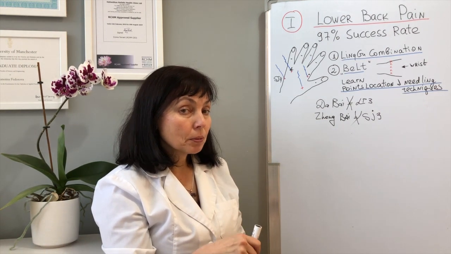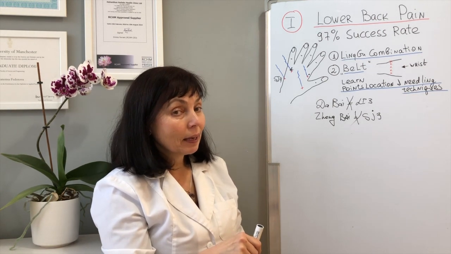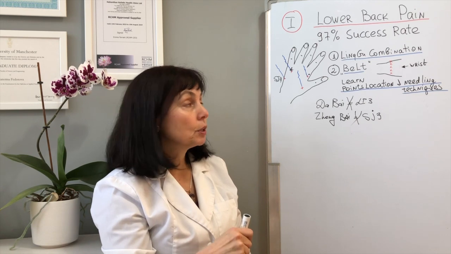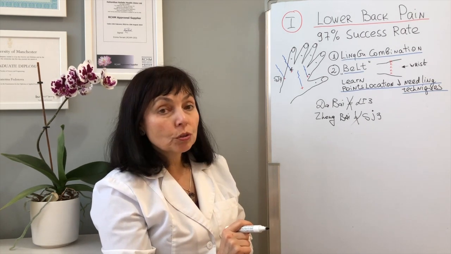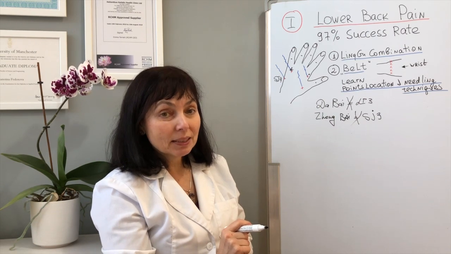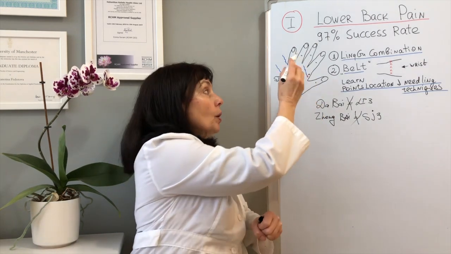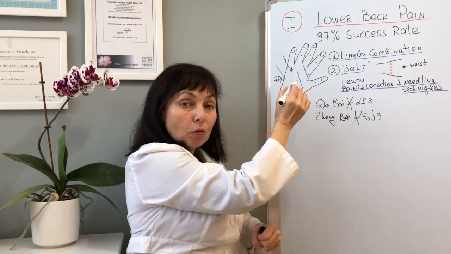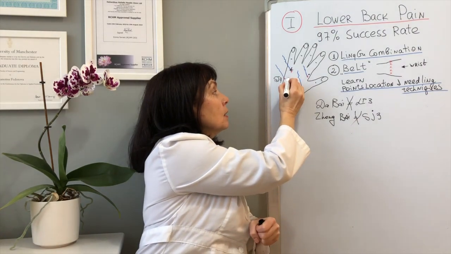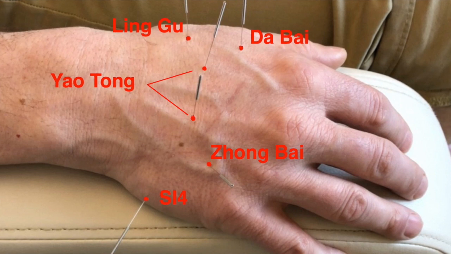If the pain persists, you can include 2 more points, which are Yao Tong. We also call this combination belt. What is the belt? It is when you put the needles on the basis of metacarpals across the wrist.